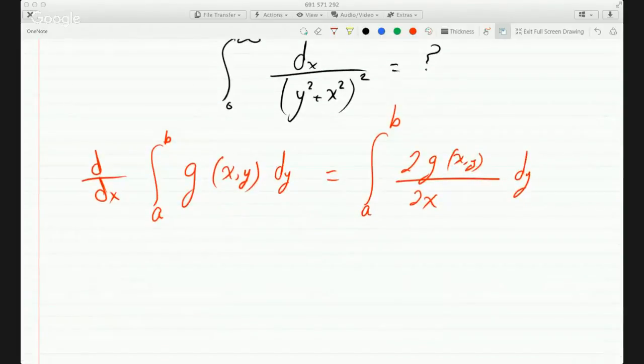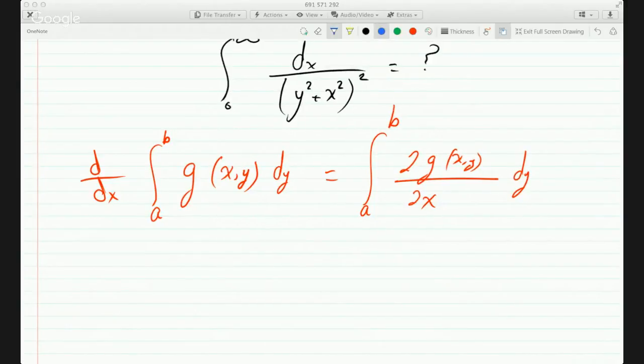So let's write it here. d over dy, so I will apply this on the given function, from 0 to infinity of dx over y squared plus x squared.